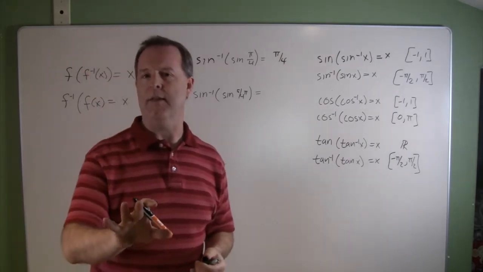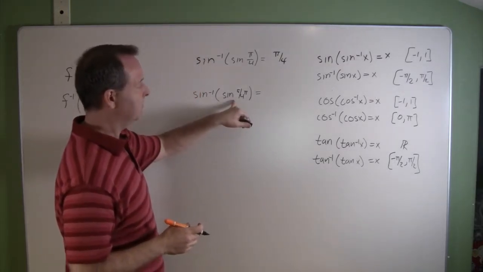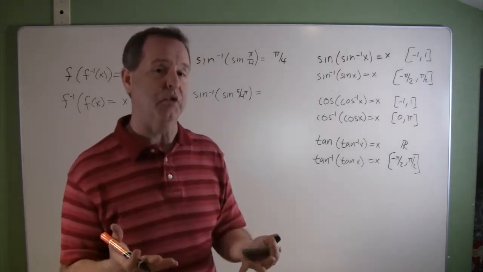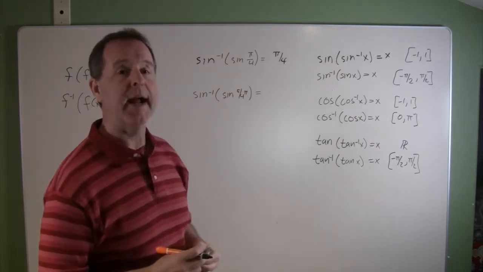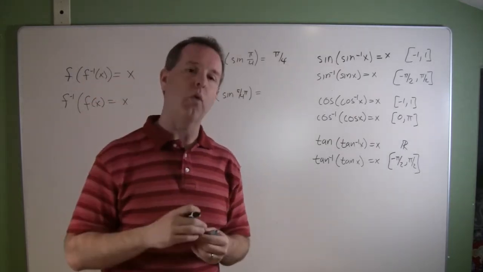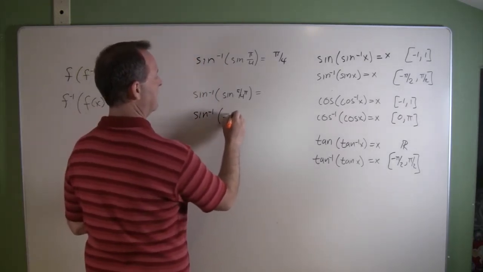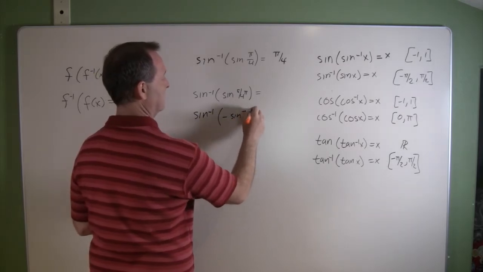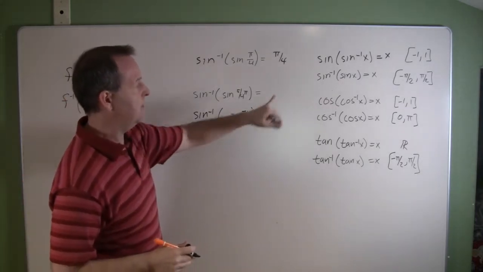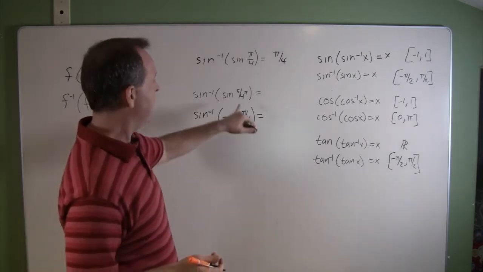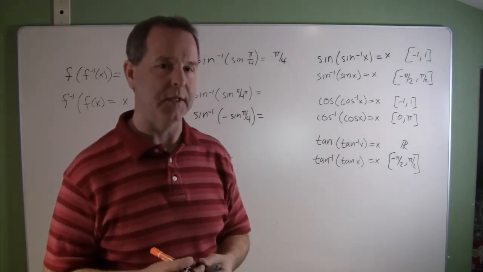So right now I can't do anything unless I start to remember some of the previous things we learned, and I can find out, is there something else within that restricted domain that I could use that's equivalent to the sine of 5π/4? And 5π/4, that's in the third quadrant, so this would also equal the negative of the sine of π/4. Both of those have the same sine value, and there I have π/4, which is within its restricted domain. So if I remembered that both of these two things were the same, then I could use that to help me progress through this problem a little bit.